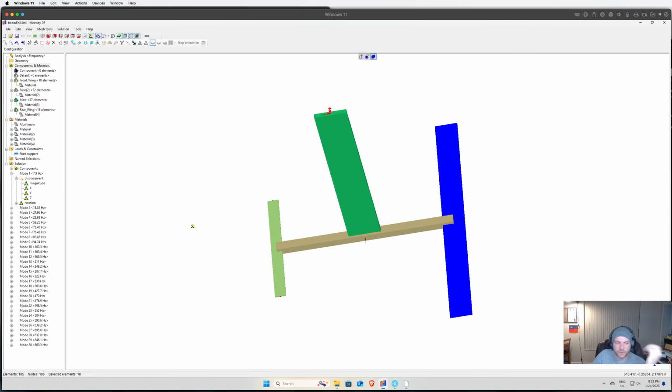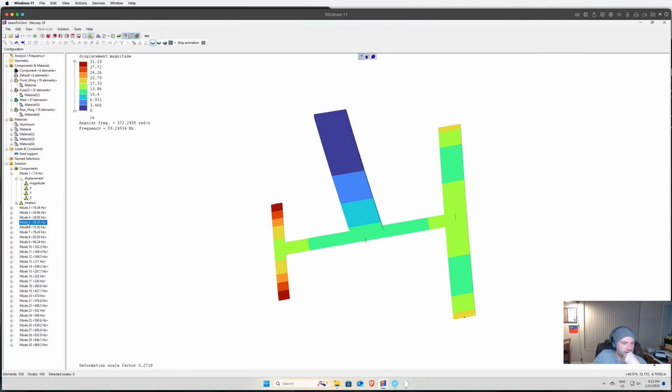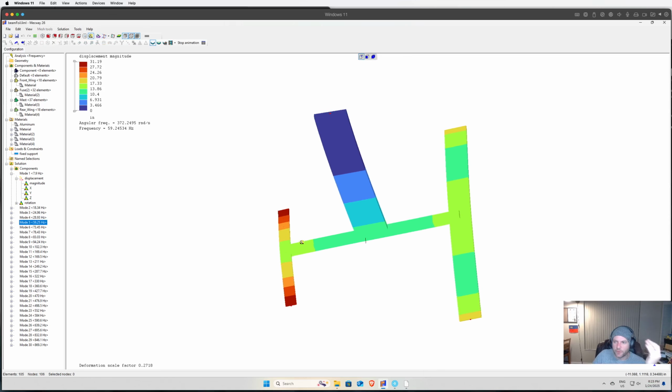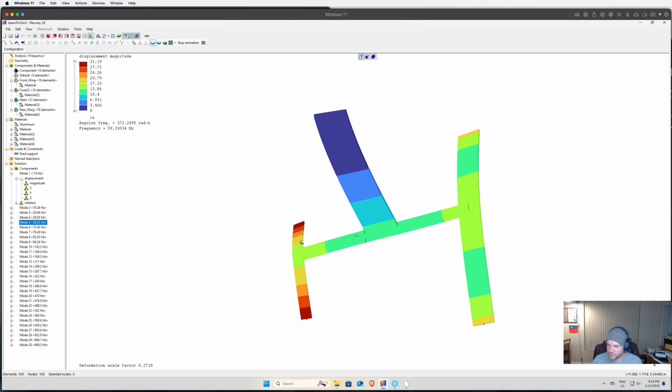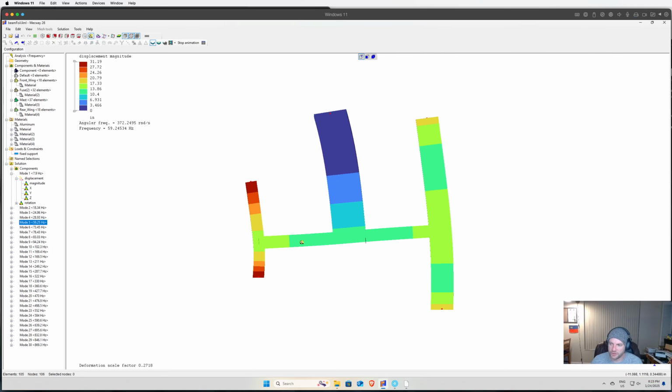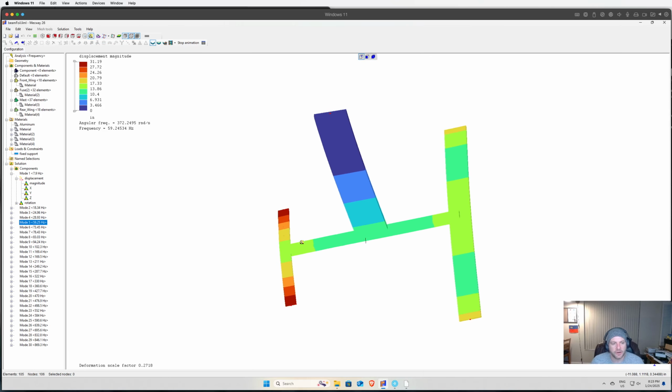And of course the last one that we're going to go over is mode 5, where you get this forward bending mode. So the modes are very similar between the pure stick model of just beams versus the tet mesh.